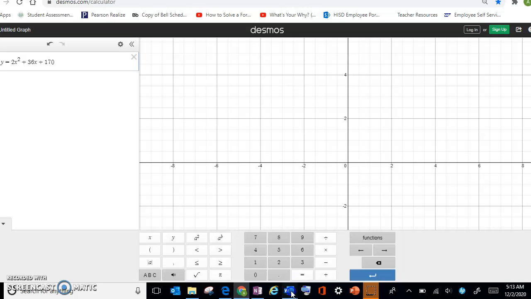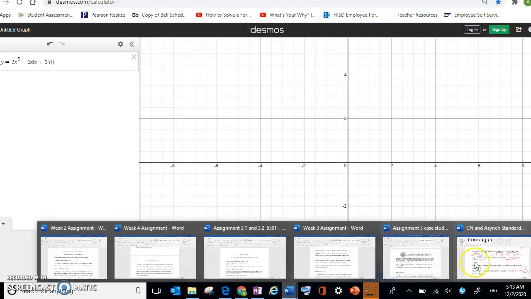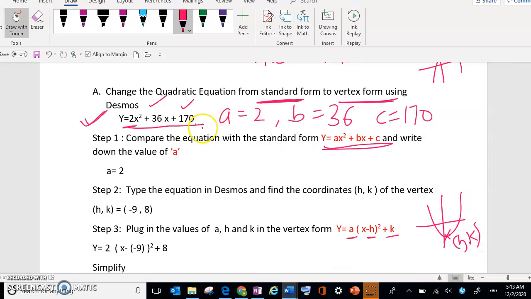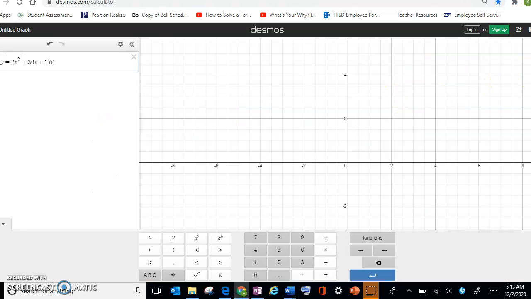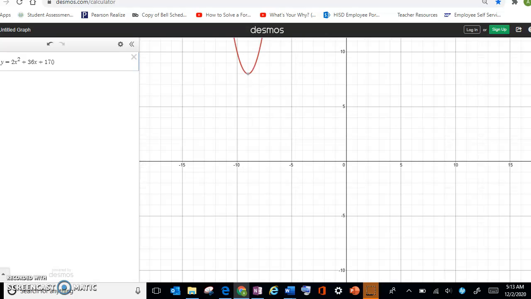Okay, let me check the equation once again. 2x square plus 36x plus 170, and we just zoom out.